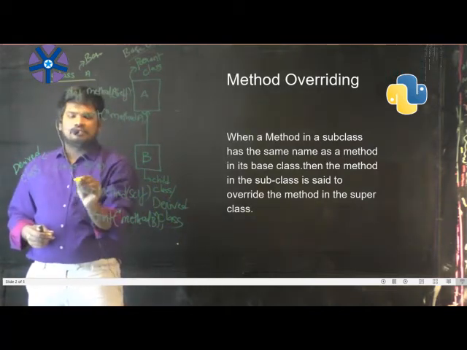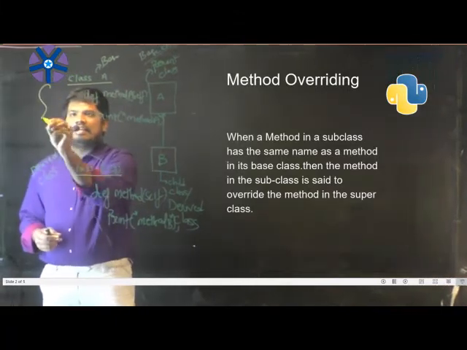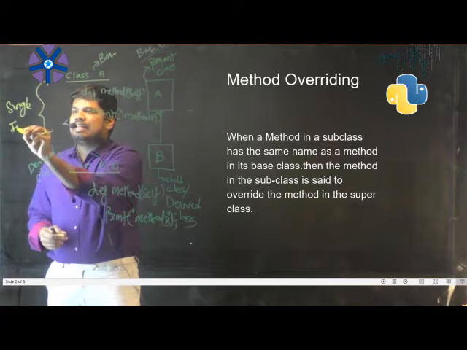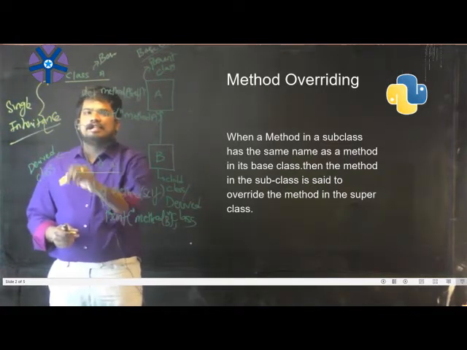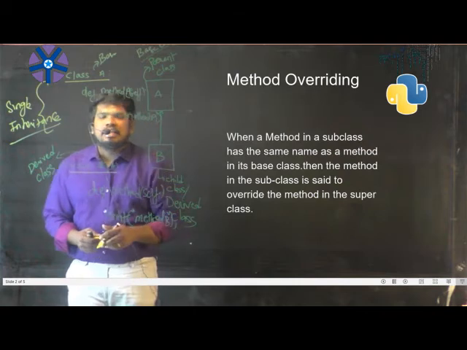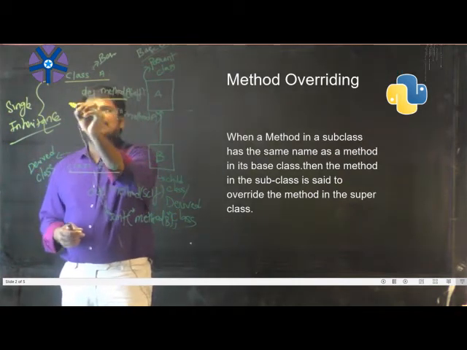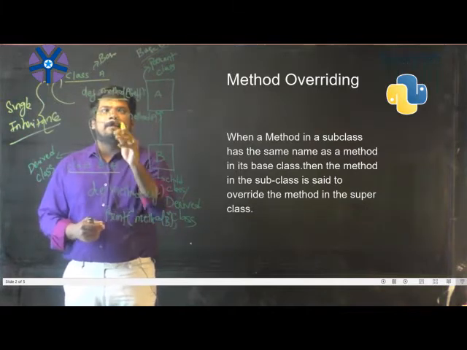Here I have taken class A and class B, and this is a single inheritance concept. Observe carefully, I have taken one method inside class A, and the name of that method is method.